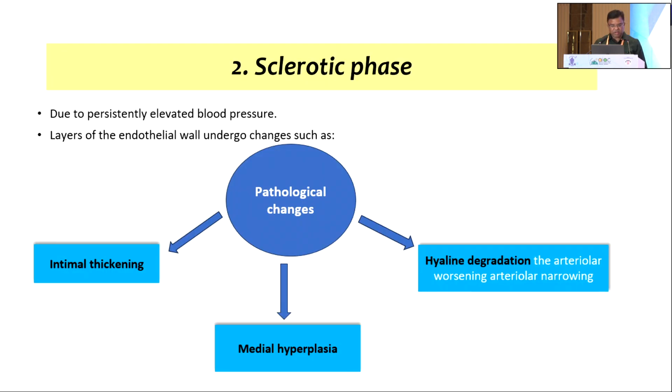In the sclerotic phase, due to persistently elevated blood pressure, the layers of the endothelial wall undergo changes such as intimal thickening, medial hyperplasia, and hyaline degeneration that lead to worsening of the arterial narrowing.